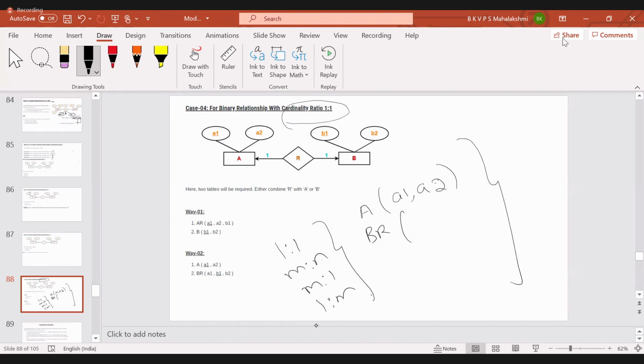In this, the relation means that it should have the link between the two tables. So this B specifies it, we have to take.